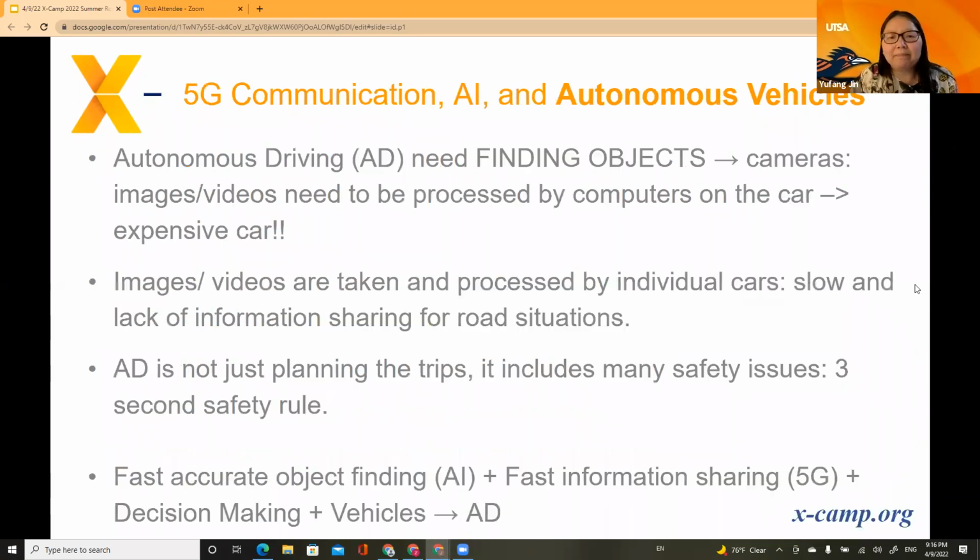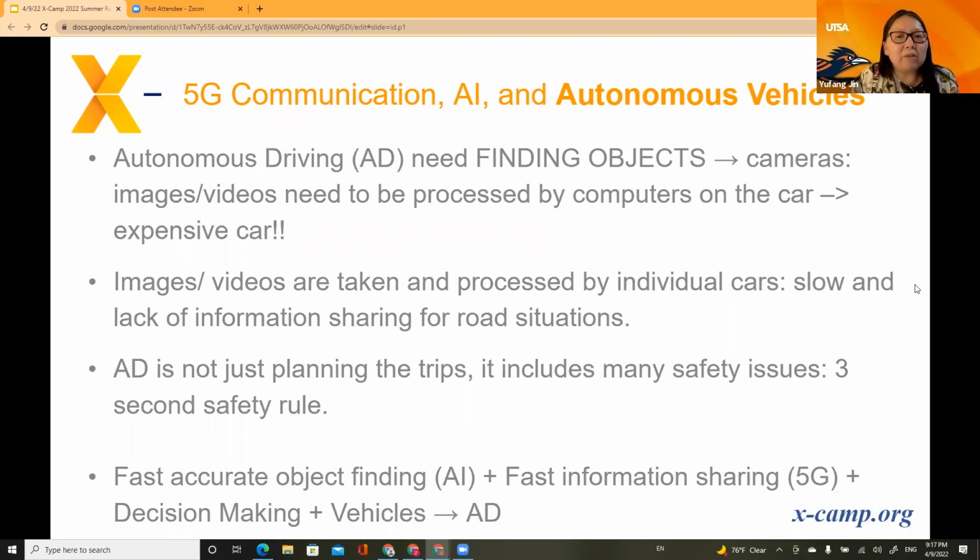Next one, please. And to address the second problem, the safety concern, people have proposed autonomous vehicles to do this. You can also think about autonomous vehicle with autonomous driving, okay? So autonomous driving includes finding objects with cameras. However, these cameras will take images and process the images with the computers on the car.